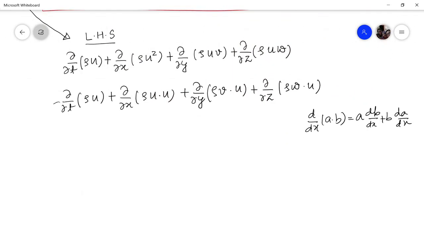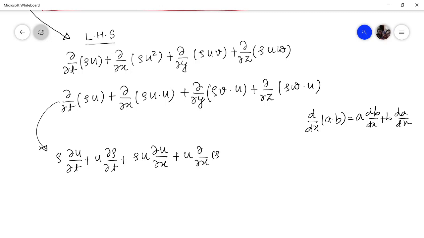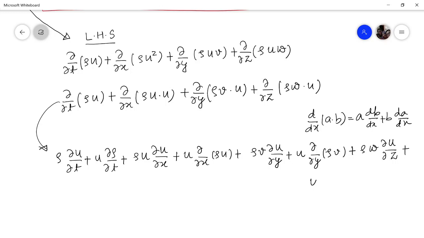If you do this, you get ρ ∂u/∂t + u ∂ρ/∂t + ρu ∂u/∂x + u ∂/∂x(ρu) + ρv ∂u/∂y + u ∂/∂y(ρv) + ρw ∂u/∂z + u ∂/∂z(ρw).